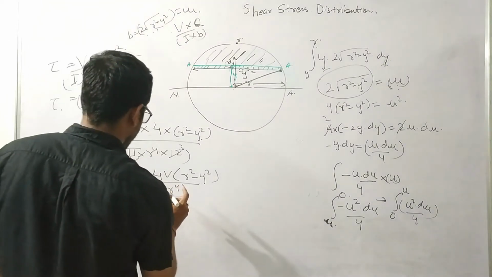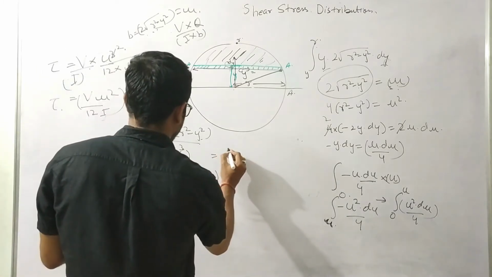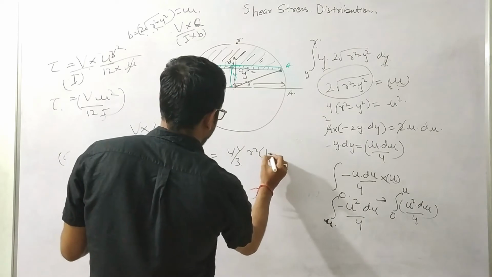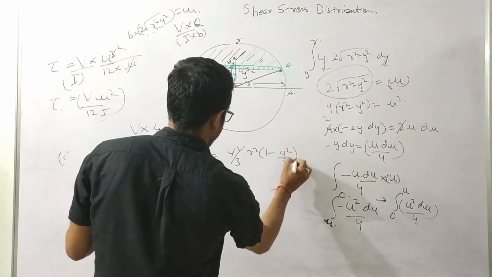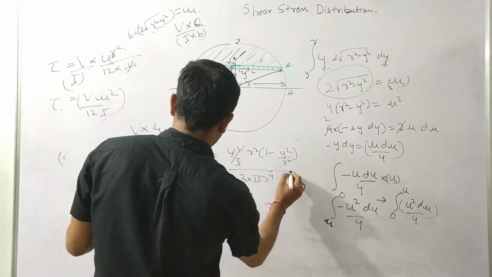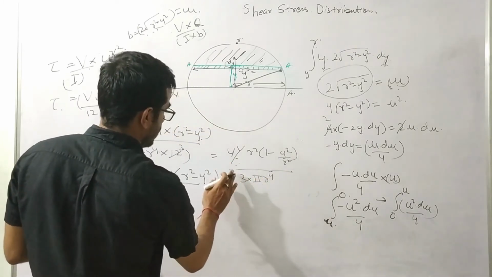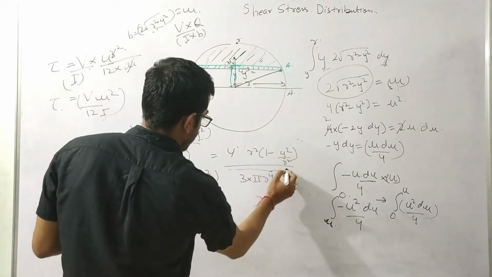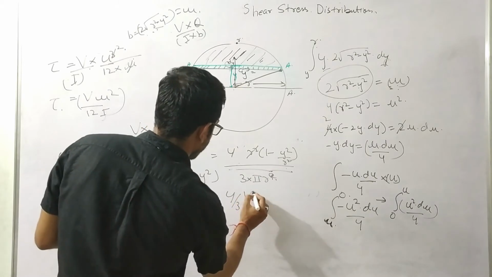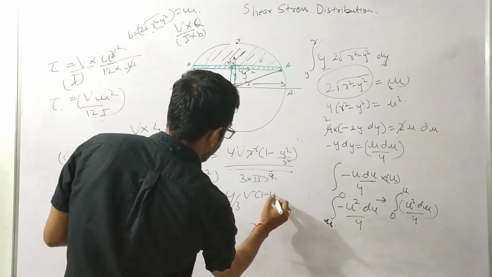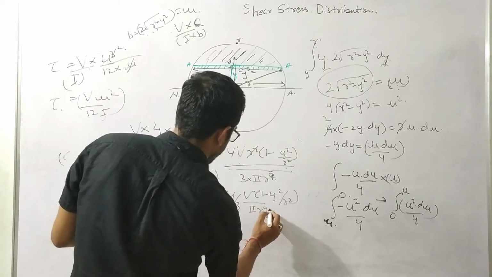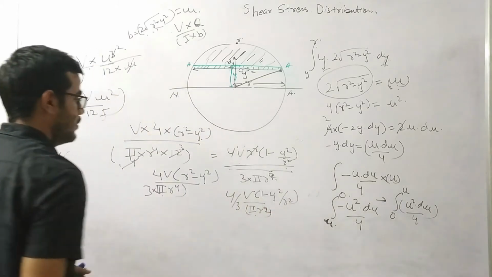Or you can say that we can modify this formula in this way: 4 by 3 V, taking r square outside, (1 minus y square over r square) over pi r to the power 4 into 3. So this r square cancels, and it will be 4 over 3 V (1 minus y square over r square) over pi r square.